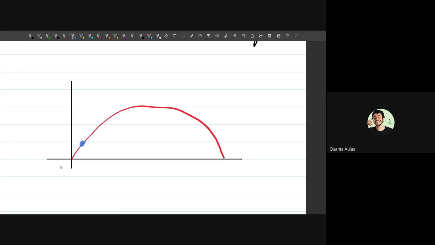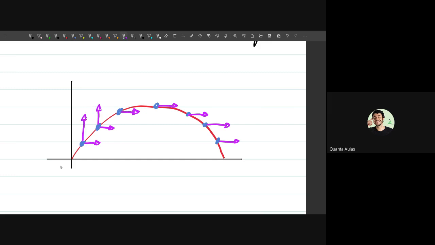We can draw some situations, some positions of our body, and we have velocity in all these situations. But you need to remember, in x it is always the same velocity. x doesn't change, again, because we don't have acceleration in this direction. But we have velocity in the y-axis.